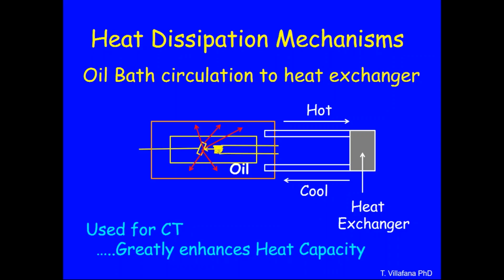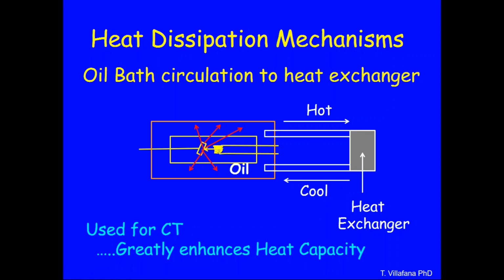So we do this additional step where we pump the hot oil out of the oil bath through a heat exchanger, and then pump it back into the oil bath. But now it's cooled off as it goes through the heat exchanger. It cools off, so you're constantly trying to reduce the temperature of the oil.